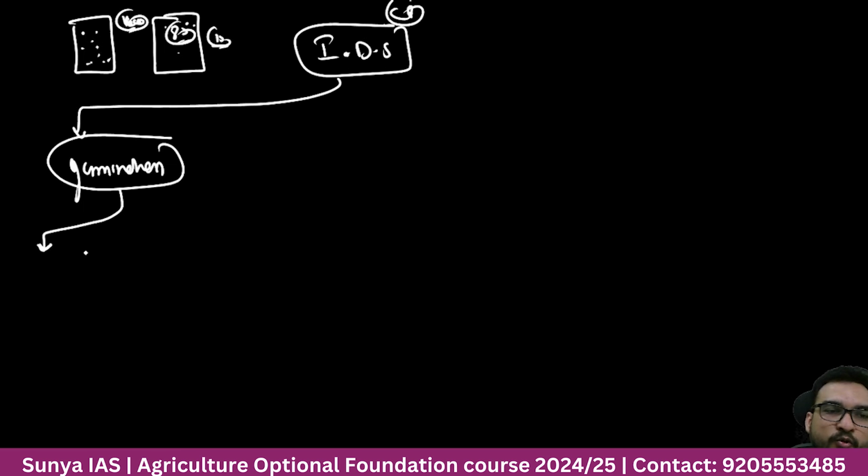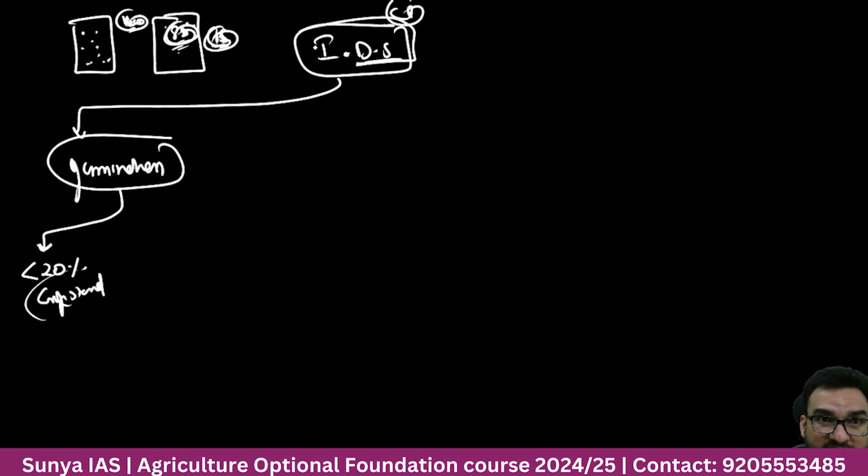What I mean by that is that I have lost less than 20% of the crop stand. Crop stand means these seedlings which are coming. Here you can see that only 85 came and 15 were not able to come. Why does it happen? Because of this intermediary dry spell. So you can see one condition where I have lost only 15%, which is less than 20% of the crop stand, right?